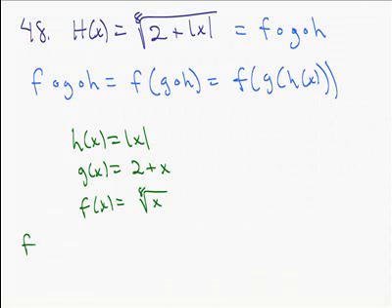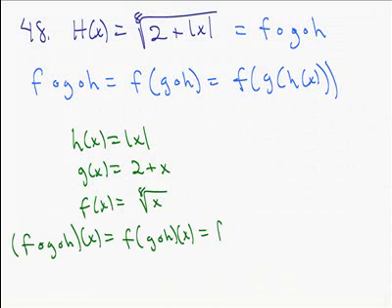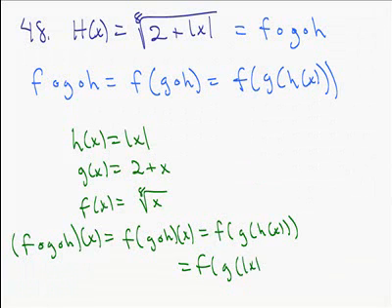Now if we take f composed with g composed with h of x, that's f of g composed with h of x, which is f of g of h of x, which is f of g of, what's h of x? It's the absolute value of x, which is f of, let's see, g of the absolute value. g says to take 2 and add it to whatever you put into it.